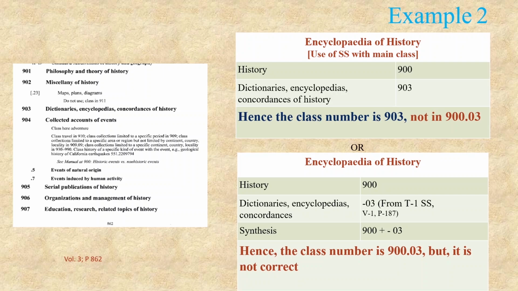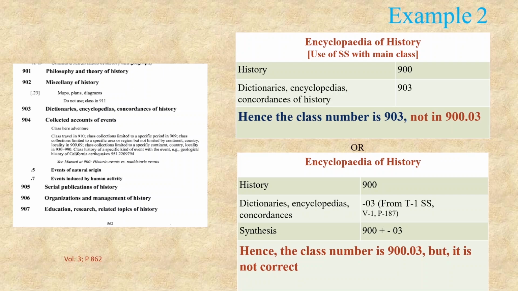Checking for it, we will check whether a ready-made class number is available for this title. From DDC volume 3, page 862, we find that dictionaries, encyclopedias, concordances of history are already classified under 903. So, avoiding redundant standard subdivision, since 903 is explicitly listed in the schedule, using 900.03 would be incorrect.